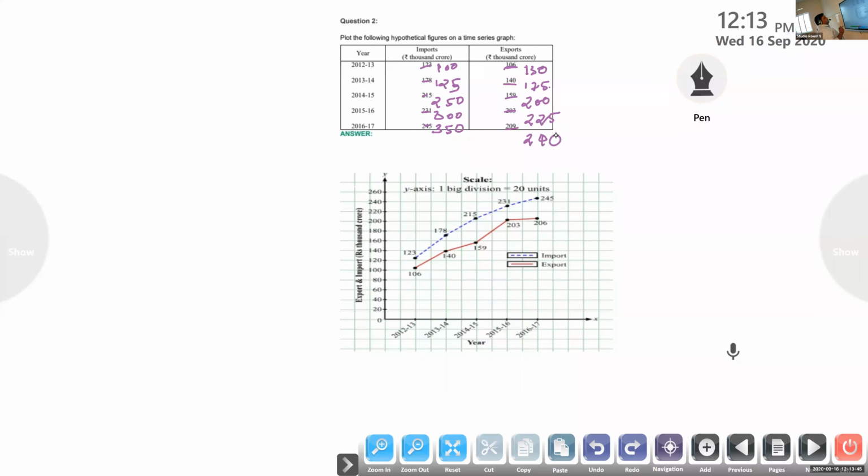So prepare a table. Then construct an arithmetic line graph and submit that.